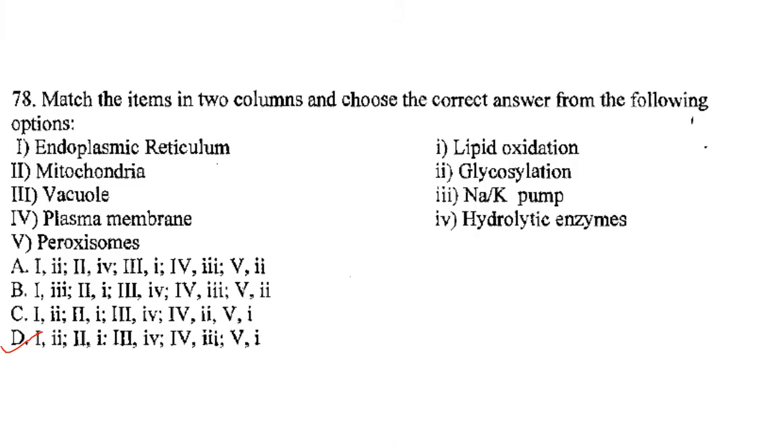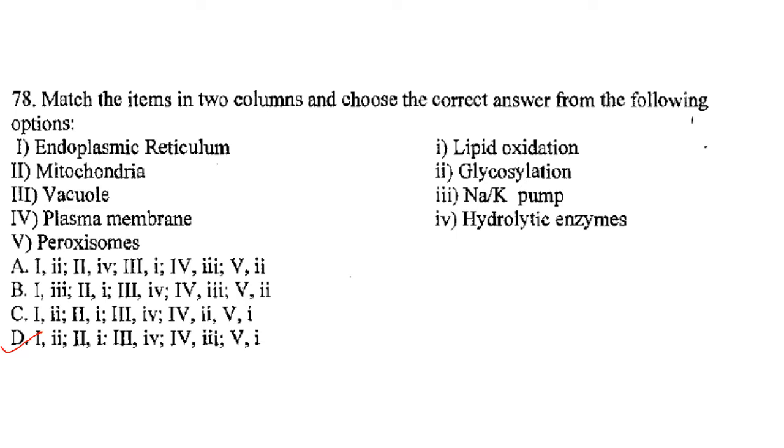2.77. The next one, match the items in two columns and choose the correct answer from the following options. So endoplasmic reticulum is glycosylation, 1, 2.